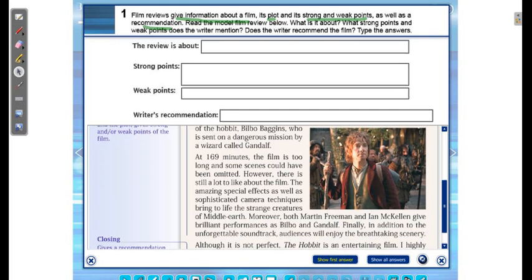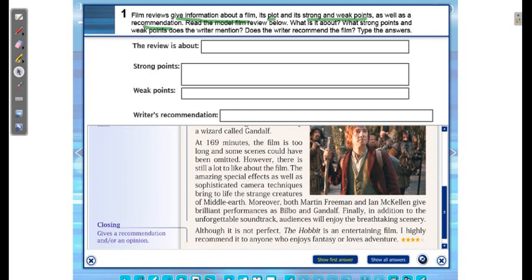At 169 minutes, the film is too long and some scenes could have been omitted. However, there is still a lot to like about the film. The amazing special effects as well as sophisticated camera techniques bring to life the strange creatures of Middle-earth.